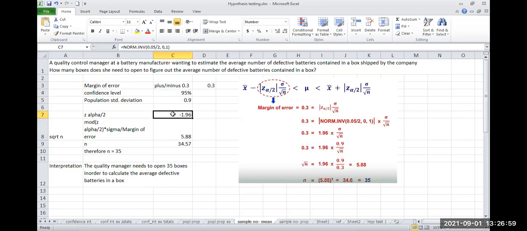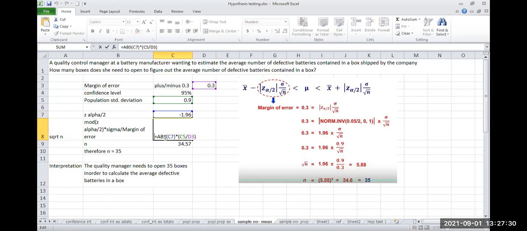This is a fixed value, so you can calculate it, or by default also you can write it as minus 1.96. Once you get Z alpha by 2, you need to multiply it with your sigma by square root of n. This n value will go to your left hand side, and 0.3 will come this side. Accordingly you write your formula, which is this one.